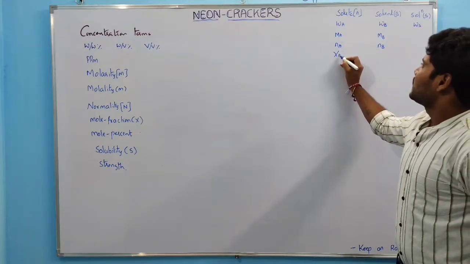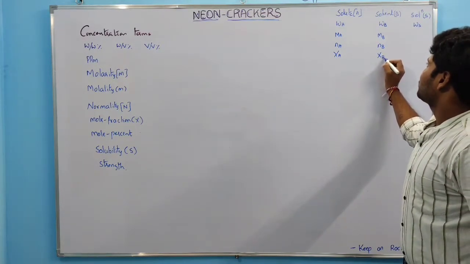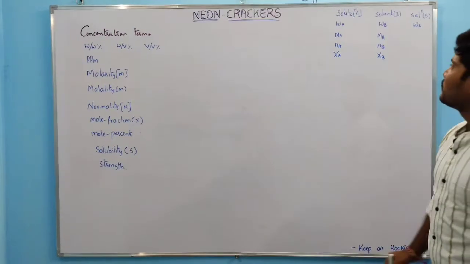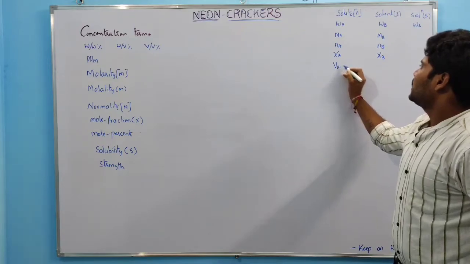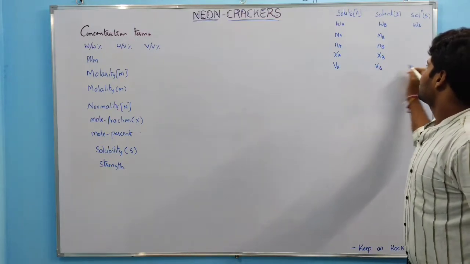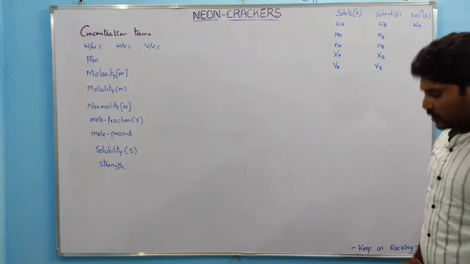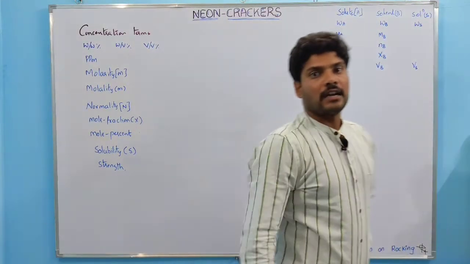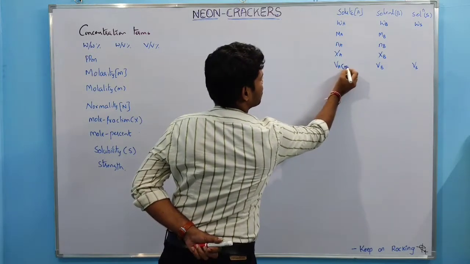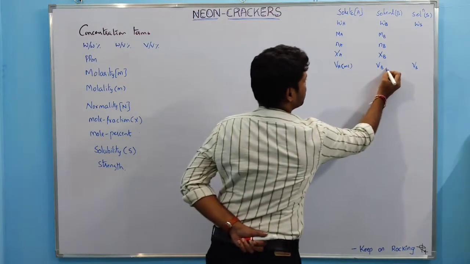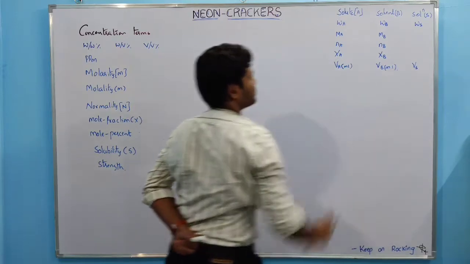XA and XB are the mole fractions of the A and B components. Last, VA, VB and VS are the volumes of solute, solvent and solution respectively. In our shortcut they should be in ml only, not in liters.